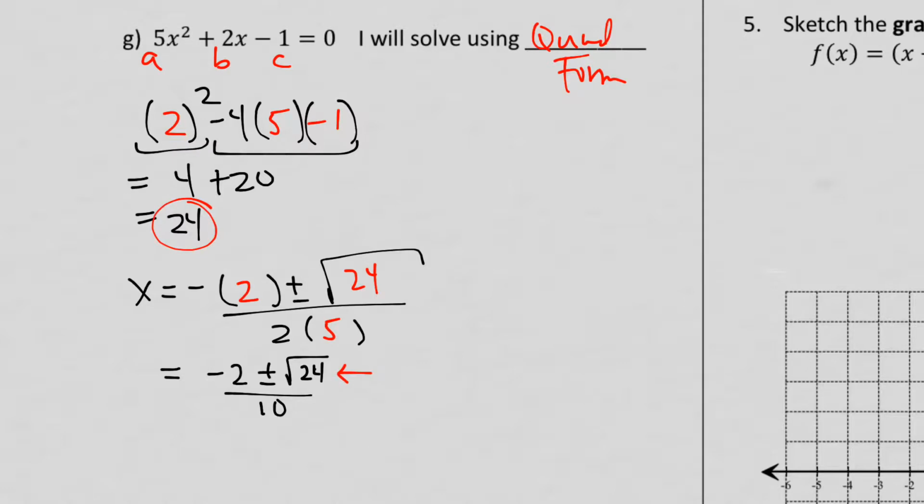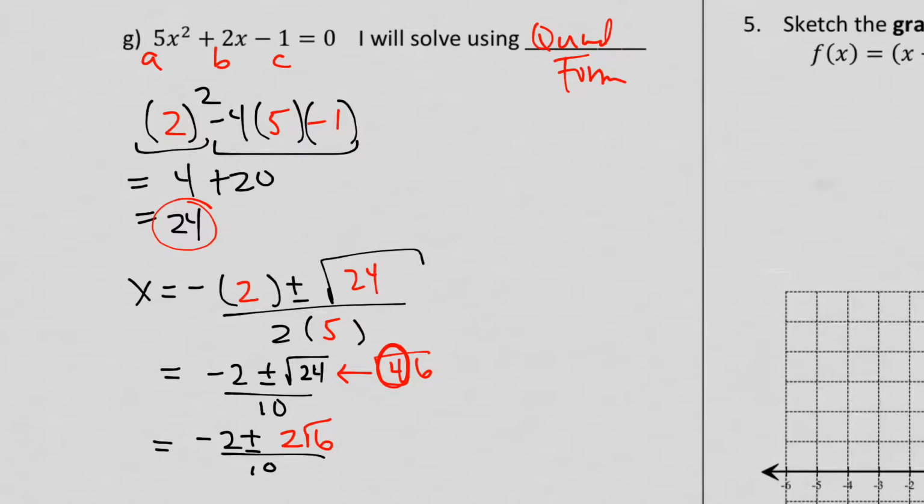But 24 I can think of as 4 times 6, and so if I rethink that square root as 4 times 6, the square root of 4 I know equals 2. So I can rewrite that as 2 radical 6. So now I have negative 2 plus or minus 2 radical 6 over 10. And then at this point I can do one last thing.